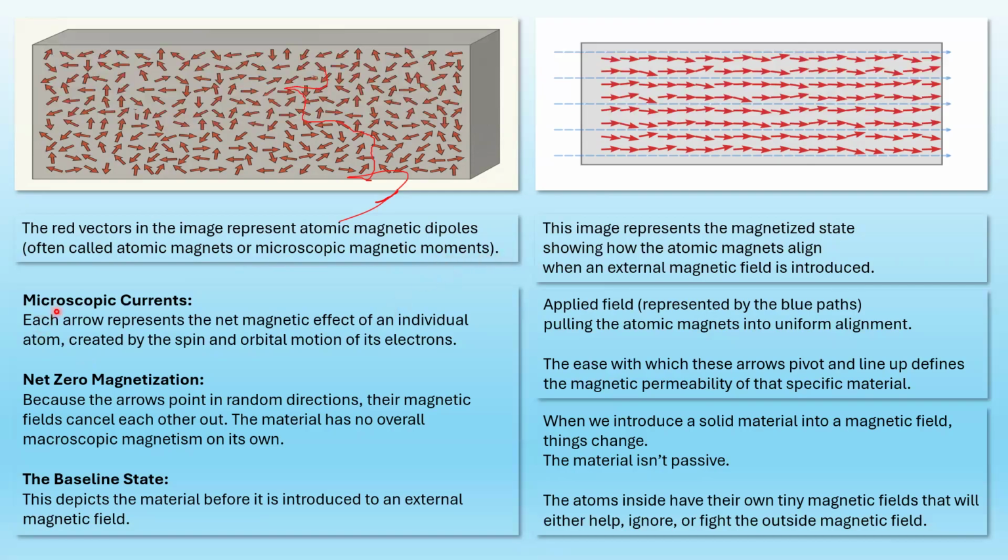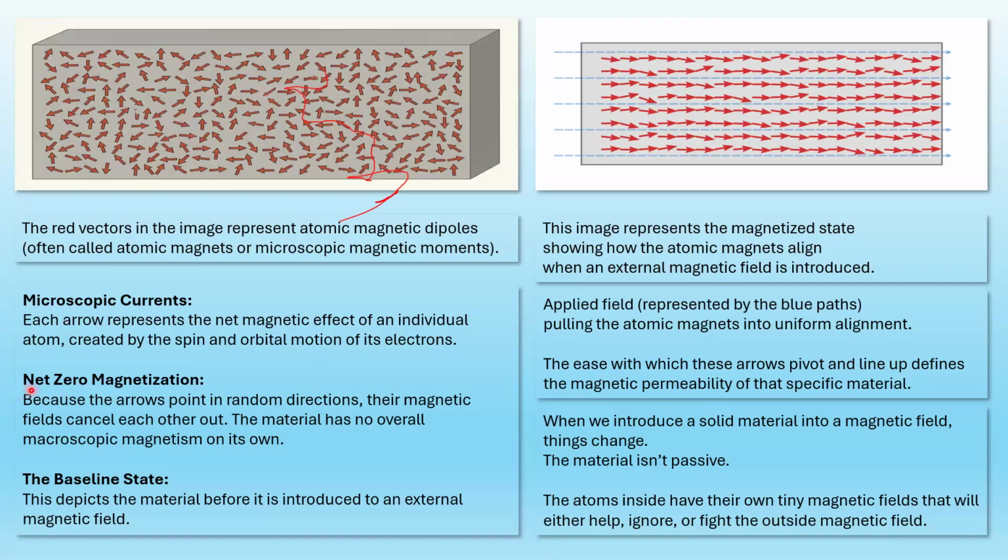Microscopic currents. Each arrow represents the net magnetic effect of an individual atom created by the spin or orbital motion of its electrons. And we're not going to get into how exactly the atom looks, because there are debates on that as well, but we're not getting into that.